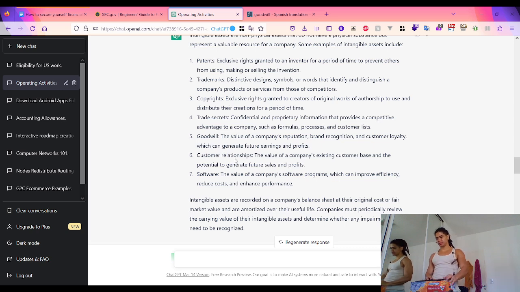Customer relationship, the value of a company's existing customer base and the potential to generate future sales and profits.